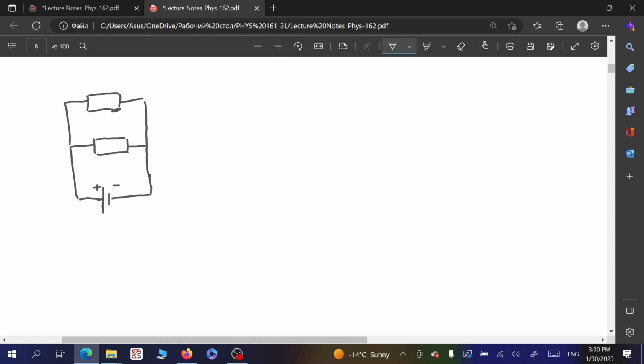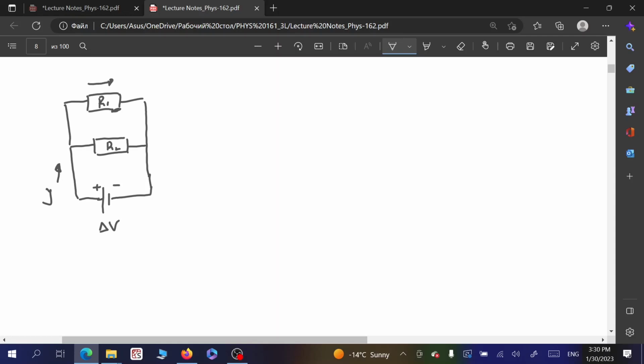Again, plus minus delta V. Here we have some electric current I. So this is R1, this is R2.